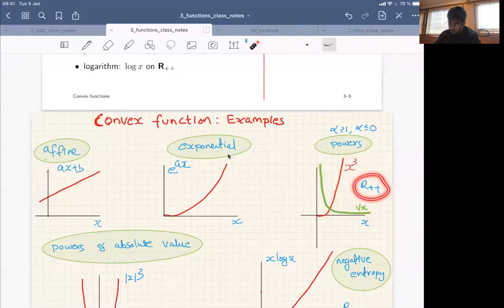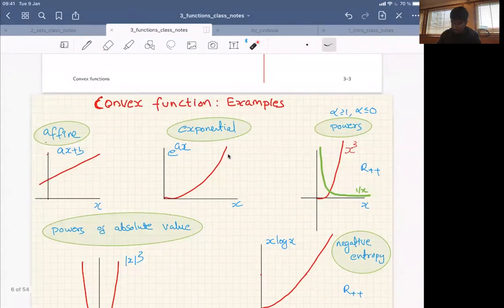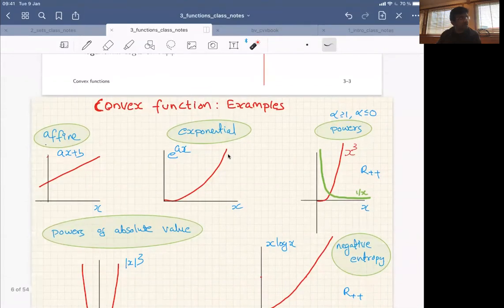Why are we saying R plus plus? Because if you consider x cube for the entire R, then that will have a shape like this. Okay, in that case it's not convex. What is the difference between R plus plus and just R plus? It's like when we say strictly positive.